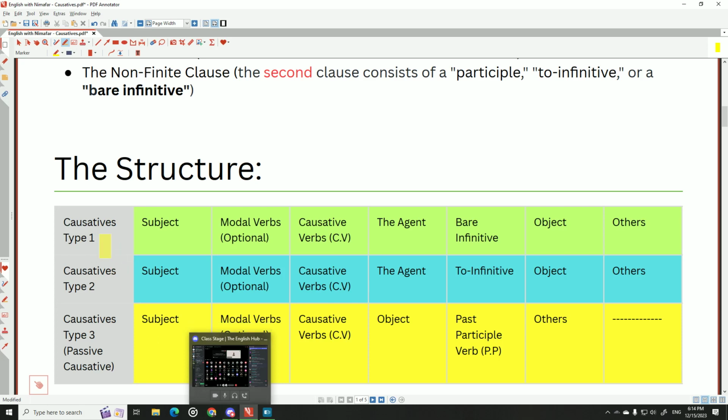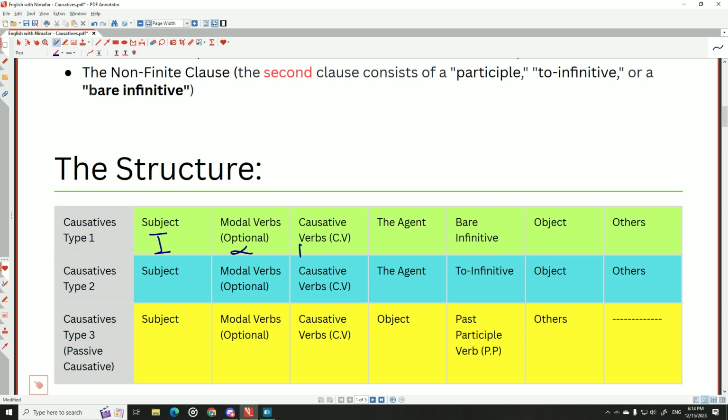So, type 1. In type 1, we use some causative verbs and we use a bare infinitive. The modal verb is optional. You can use it, or you can just ignore it. For example, subject, I. Modal verb, I don't want to use because it's optional.